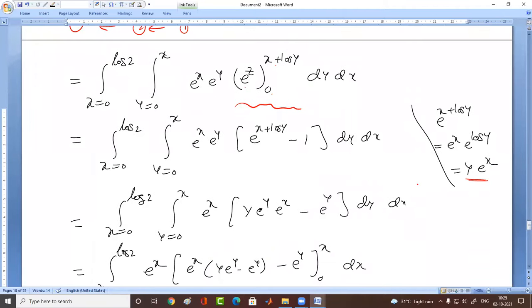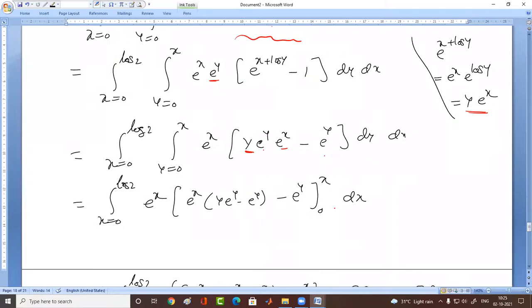So y into e power x and e power y. If you multiply these terms, e power y and e power y. Okay. So the remaining terms are the same.